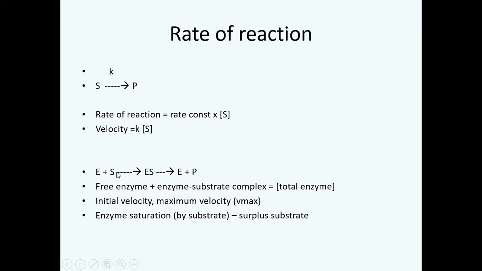So in this way, when the reaction is progressing at such a concentration of substrate that when free molecules of enzyme are released, they immediately combine with the substrate and reform the enzyme substrate complex again. So this is the time at which the enzyme is operating at its maximum rate of reaction. So this is called as the maximum velocity of the enzyme, which is depicted by this expression Vmax.